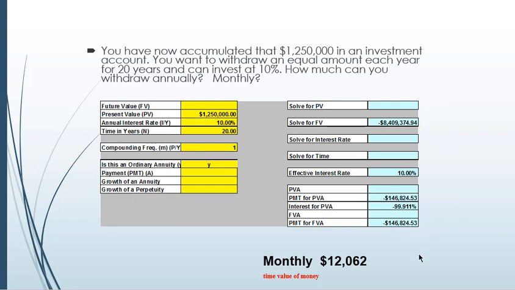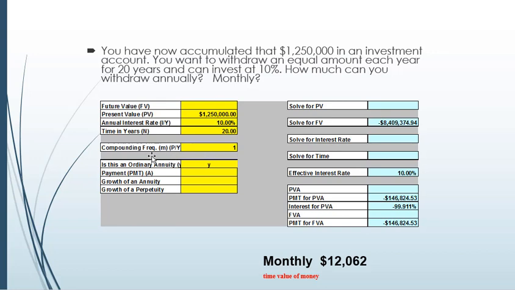Let's assume that you've got that $1.25 million. You're ready to retire, and you want to withdraw an equal amount each year for 20 years. And you can still invest at 10%. How much money can you pull out per year?